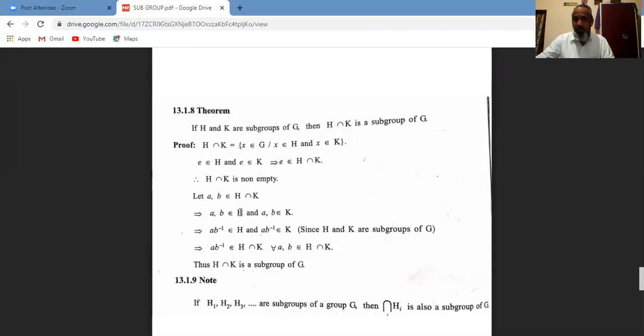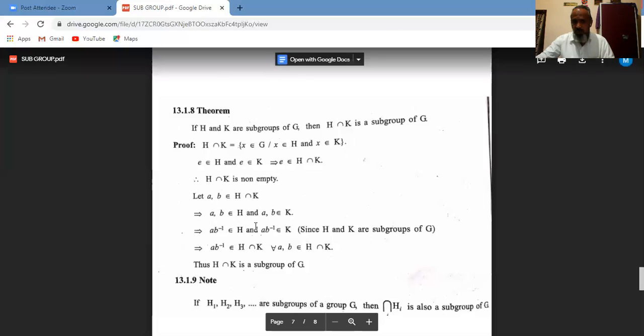What is H? H is a subgroup of group G, and if a, b belong to H, then a b inverse belongs to H by the first theorem. Similarly, K is a subgroup of G and a, b belong to K, so a b inverse belongs to K. So a b inverse belongs to H and a b inverse belongs to K, since H and K are subgroups of G, by the first theorem statement.